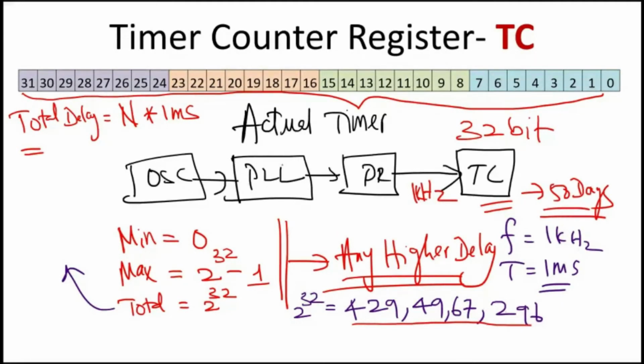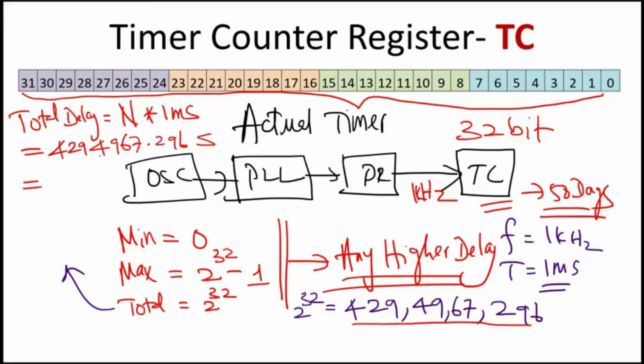So into 1 millisecond, the total delay is that many milliseconds. In seconds, you divide this by 1000, which gives 4,294,967.296 seconds.